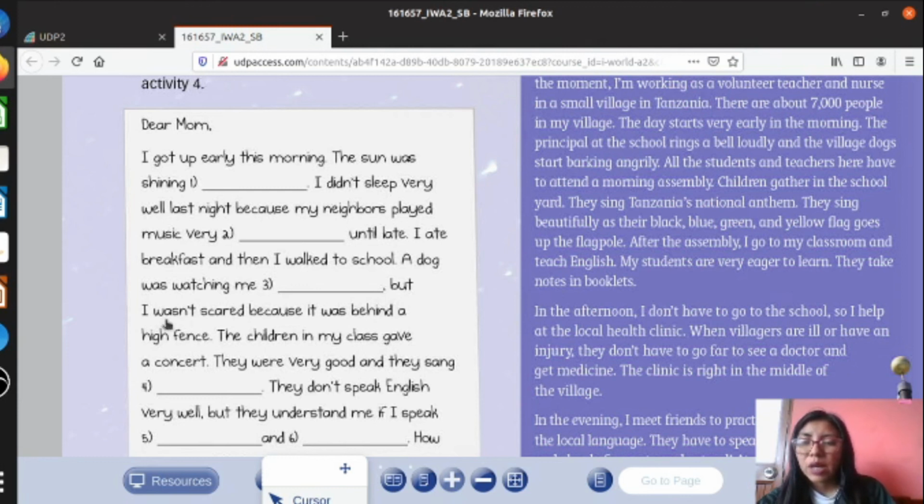But I wasn't scared because it was behind a high fence. The children in my class gave a concert. They were very good and they sang beautifully, okay? Ellos cantaban bonitamente.